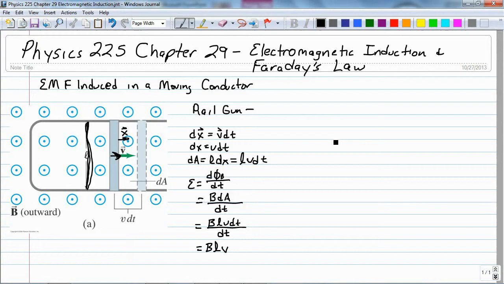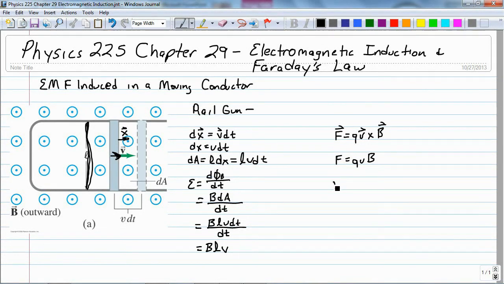Now, we can come up with this in a different way. We can come up with it from the force equation. So remember that we had the force due to a moving charge in a magnetic field is Q times V vector, my velocity, cross B. And if I just take the magnitude, the magnitude of the force is QVB.